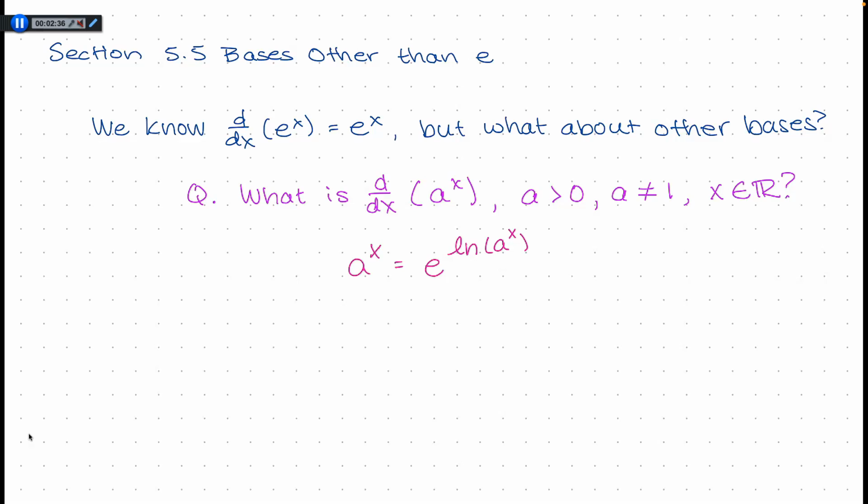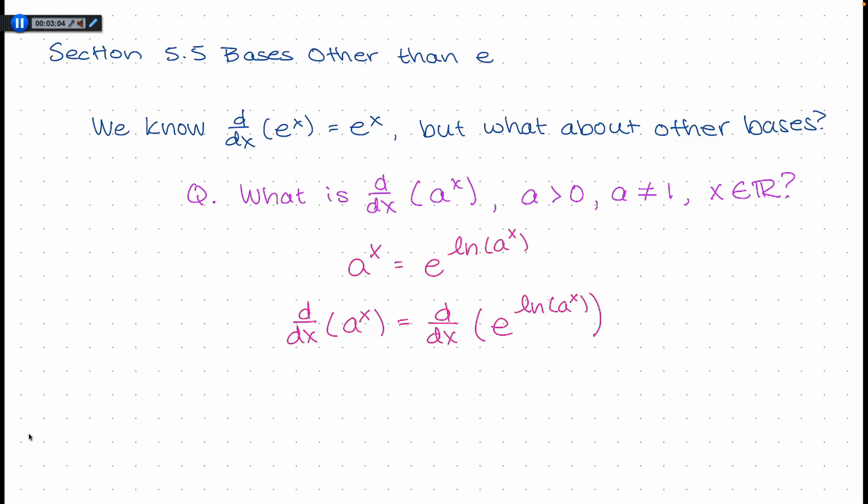Then we'll take the derivative of both sides. So the derivative of a to the x and the derivative of e to the natural log of a to the x. Now we really can't do anything with the left-hand side because that's what we're trying to find: what in the world is the derivative of a to the x.